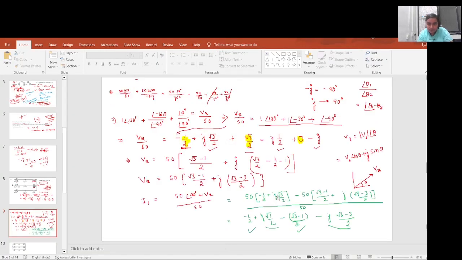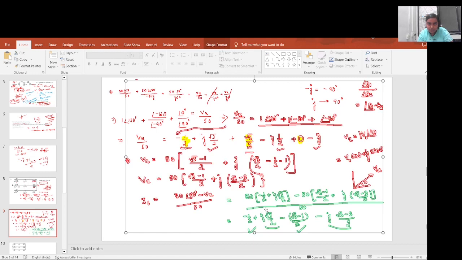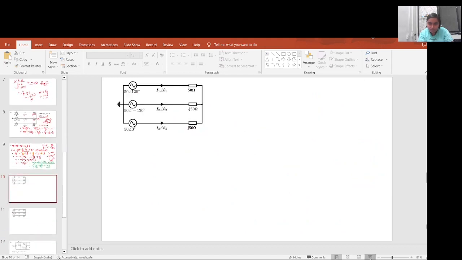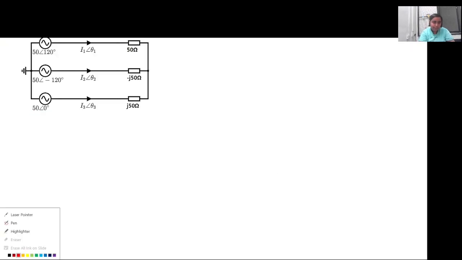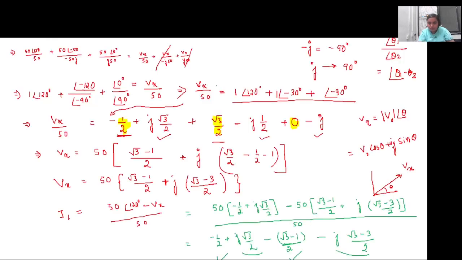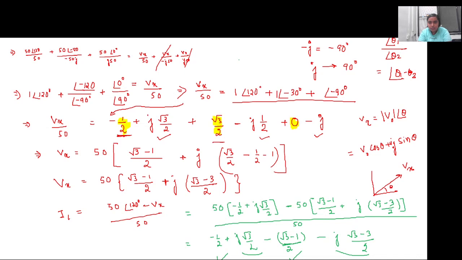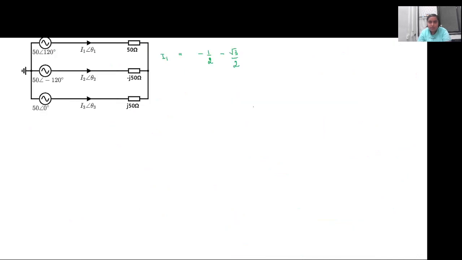Let's take it to the next page. If anyone has done, you can dictate, otherwise I'll just write it. So minus half minus half, and then there is minus root 3 by 2, then this minus and this minus will become plus, so it is plus half.